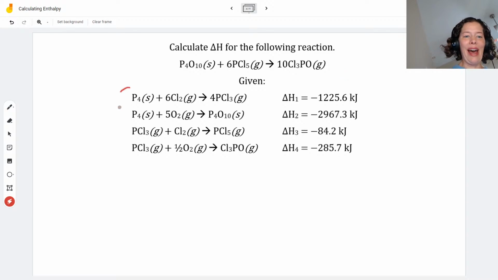And this time we have 4 intermediate reactions that we're going to have to juggle to get to our final reaction. Having 4 intermediate reactions, you're more likely to get stuck and not see a way forward.